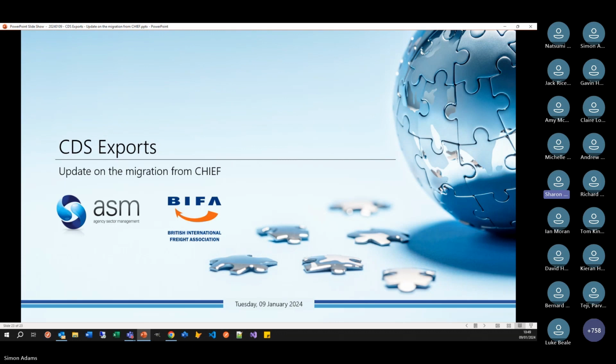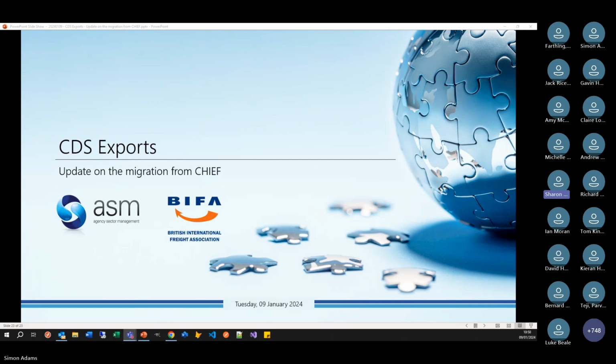As everything we've seen about CDS imports is the quicker you start, the more you try, the more you will be able to make sure that this process is as smooth as possible. It's not going to be perfect. These things never are.